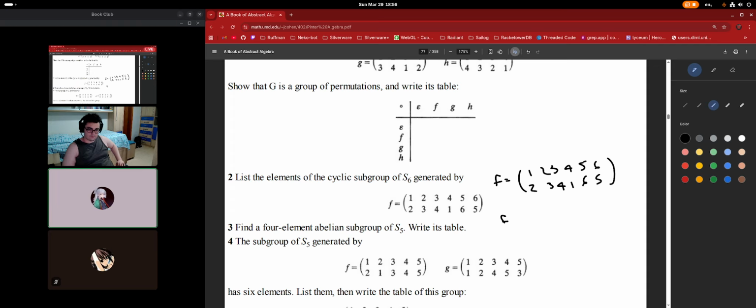The result of applying it another time would be 3, 4, 1, 2, 5, 6. You rotate on every iteration.